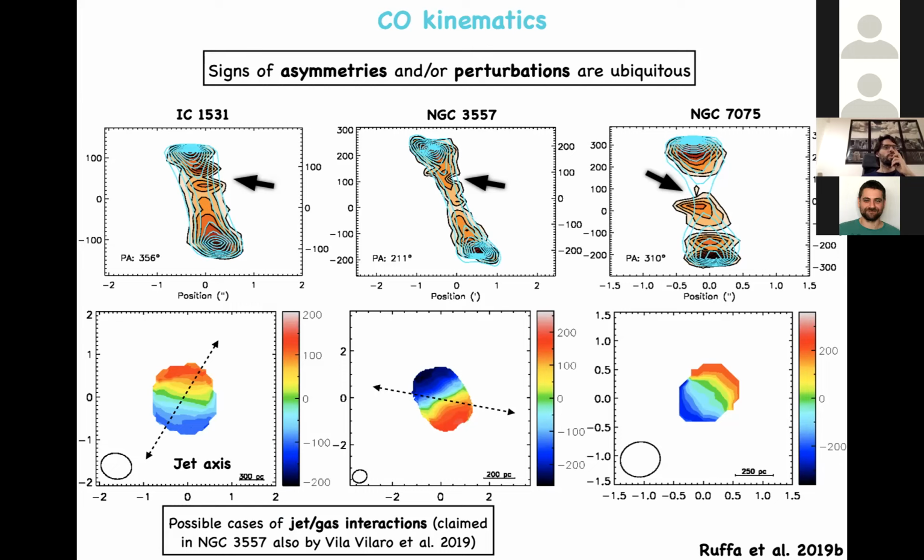And interestingly, for ESO 1531 and NGC 3557, the asymmetries appear to be located along the path of the jet, indicated here as a dashed arrow, suggesting possible cases of jet-gas interactions, which have been already claimed for 3557 by other authors.